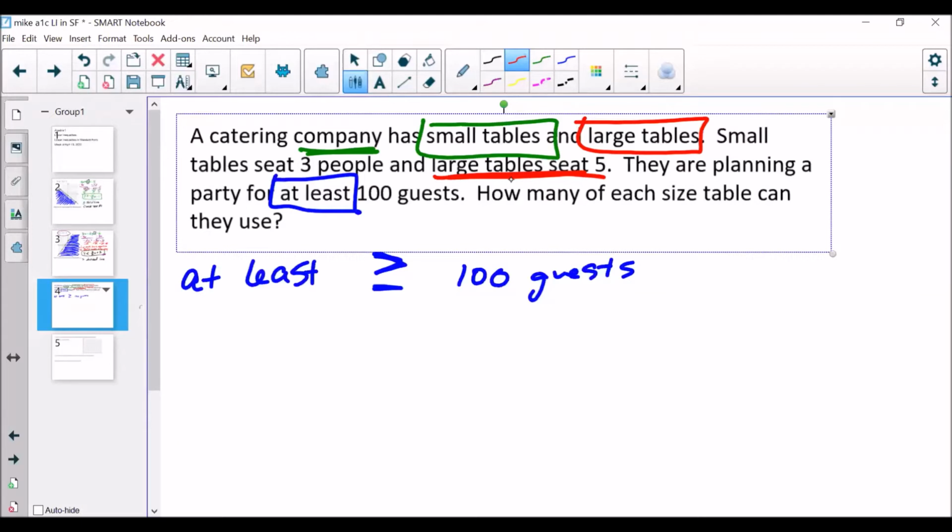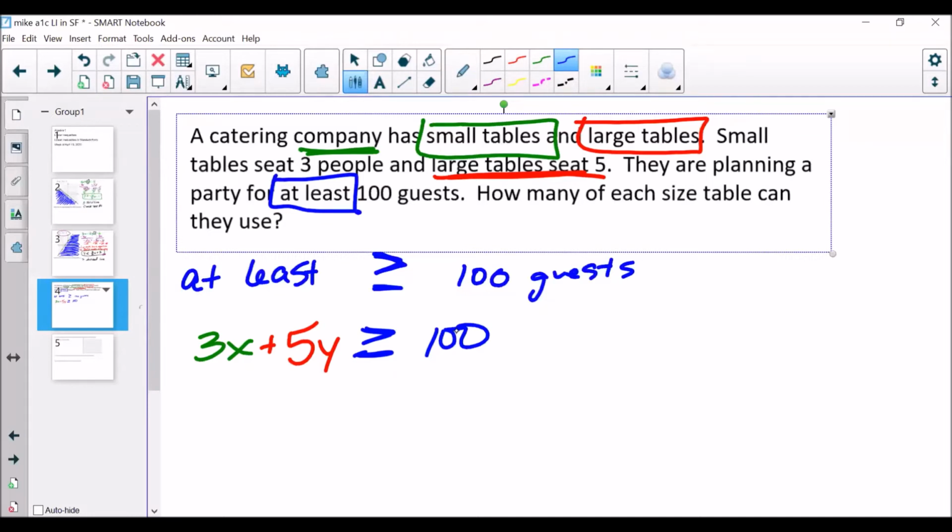I like to use x and y just to keep it the same. But when I'm setting up a linear inequality for this, we know that 3x plus 5y, we're going to bring in that greater than or equal to symbol here, is greater than or equal to 100.